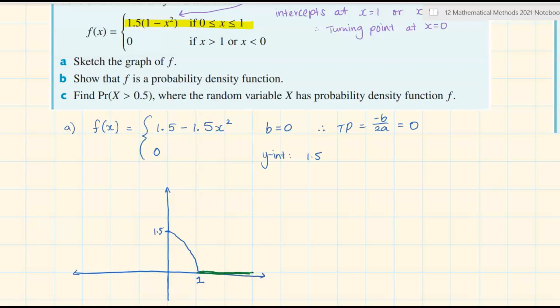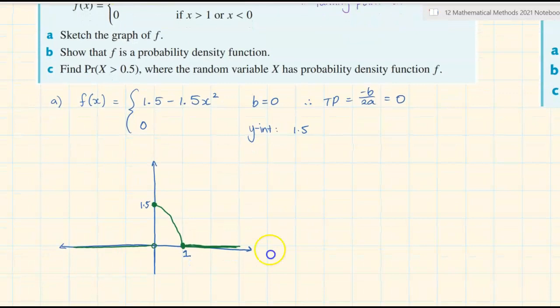So this one can be solid, and then this one needs to be open. Generally, when we did it, we showed equal to and not equal to with those. Okay, so we've got that sort of sketch there.